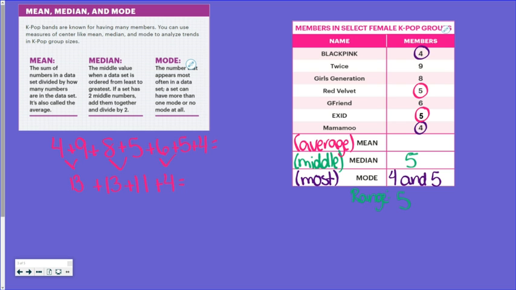Plus 4. 13 plus 13 is 26. 11 plus 4 is 15. And those add together to get 41.